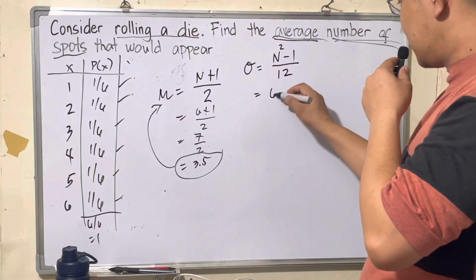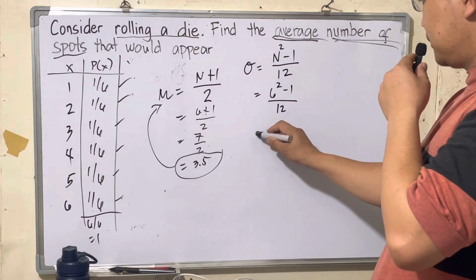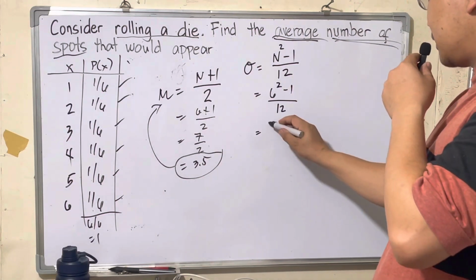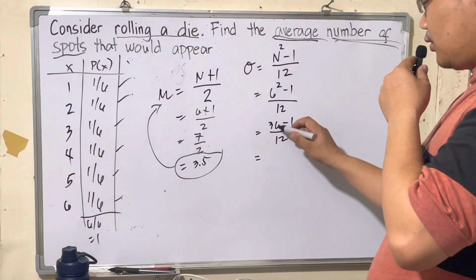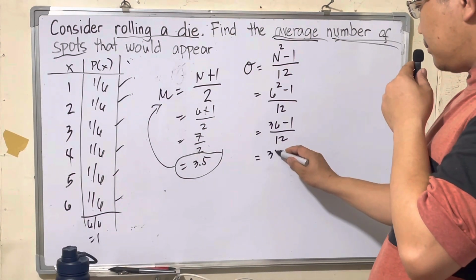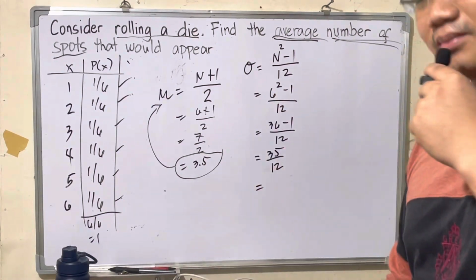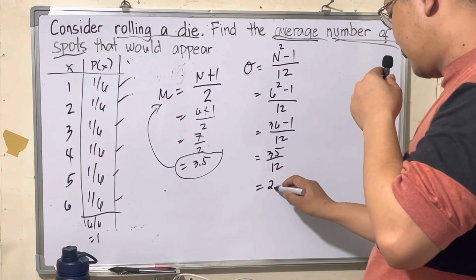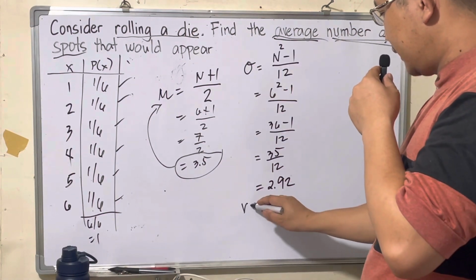So that is 6 raised to 2 minus 1 over 12. So 6 squared, that is 36, minus 1 over 12. And 36 minus 1, that is 35 over 12. And 35 divided by 12, that is 2.92. And that is the variance.